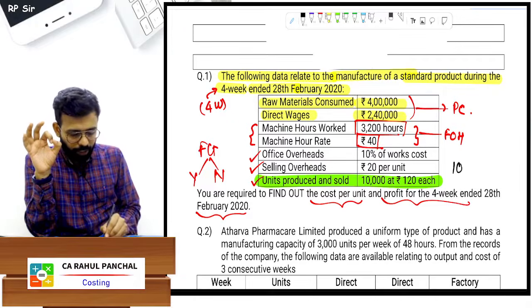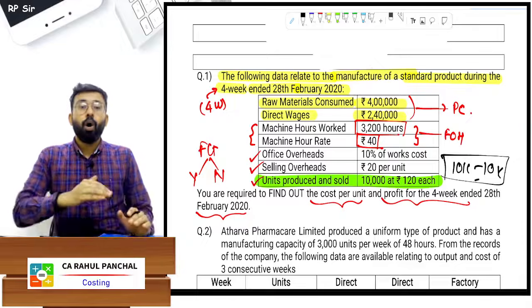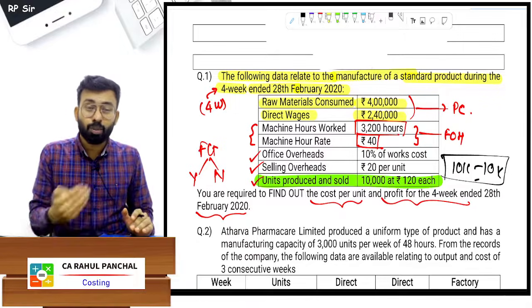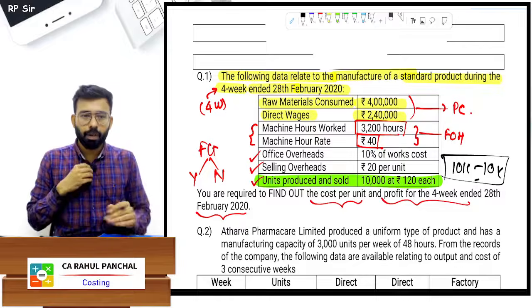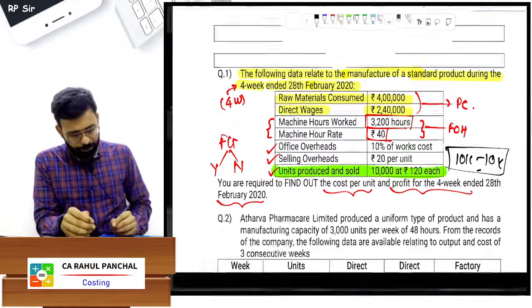If you produce 10,000 and you sell 10,000, and no information is given, there is no stock. Whatever you have produced, that has been sold. It is that simple.